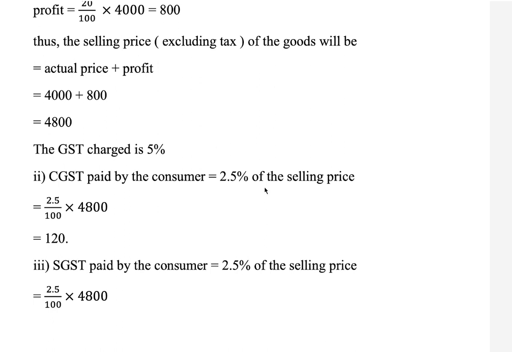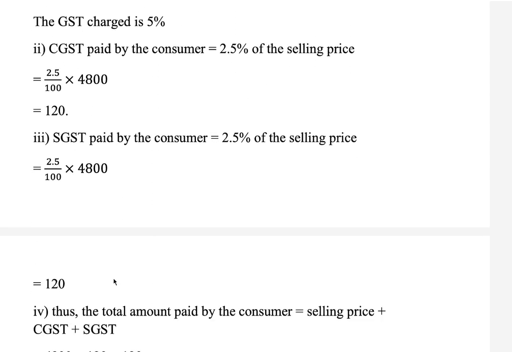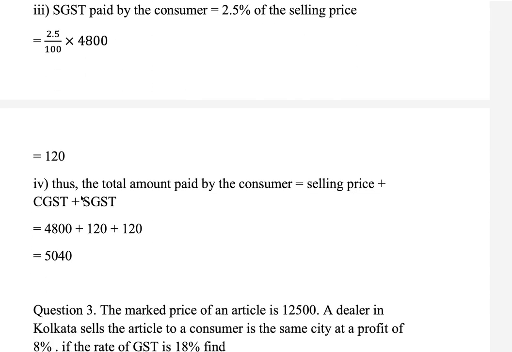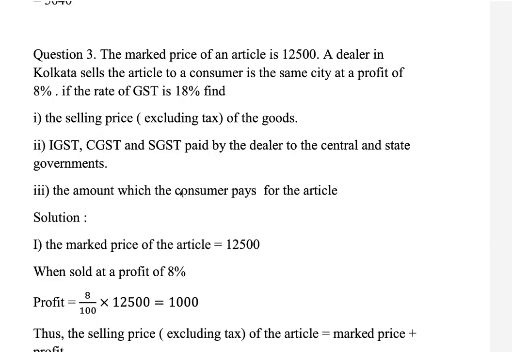So 2.5% will be CGST and 2.5% will be SGST. Calculate separately. 4800 into 2.5%, that is 120 CGST, and SGST also 120, that will be the same. So total amount paid by the consumer, that is selling price plus CGST plus SGST, that comes to 5040.